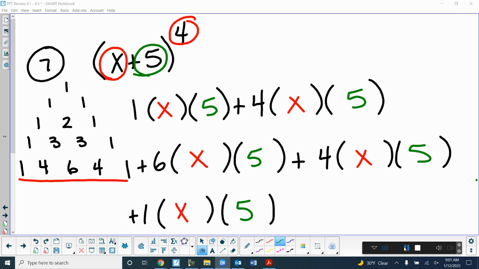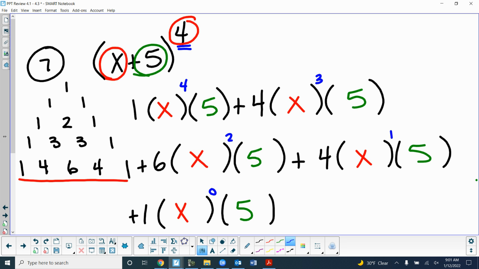All right. So we also have to write in some exponents. Okay? So since we got a 4 there, this first parenthesis starts at 4th power and goes down by 1s all the way to 0.